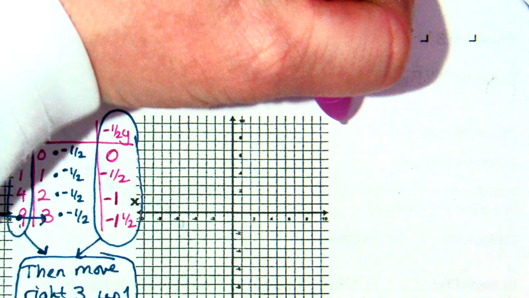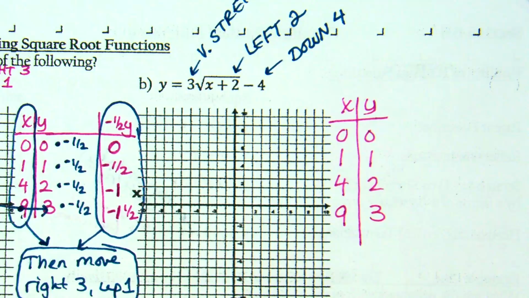I'm going to start with my xy chart. Do you remember that basic square root of x xy chart from yesterday? 0, 1, 4, 9 for x, and then y is 0, 1, 2, 3. Those are my x values because those are the numbers I can take a nice square root of, right? Those are my perfect squares. And their results are 0, 1, 2, 3.